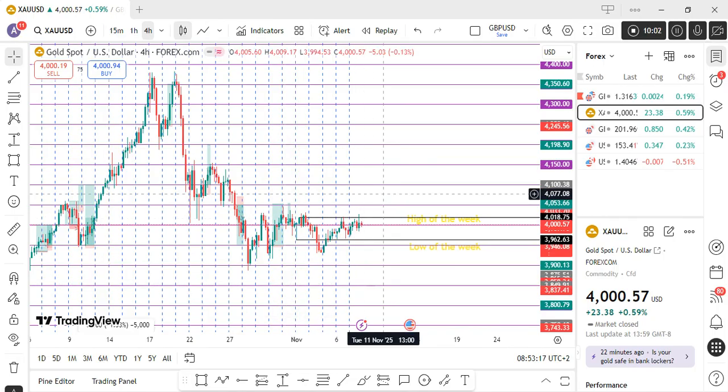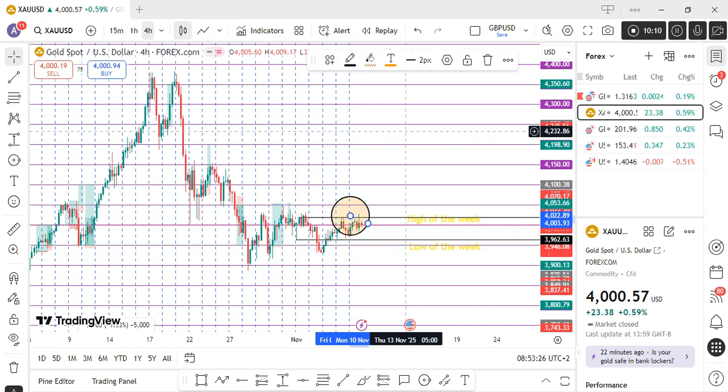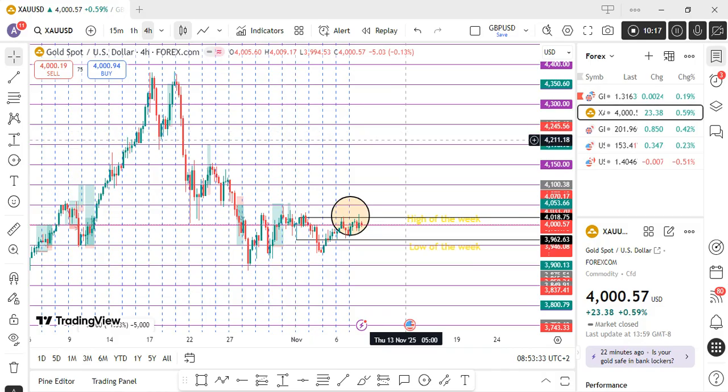Based on this price movement here, I already saw that price was going to sell. I was positioning for a sell, but it never gave me full confidence. Looking at my 4 hour time frame, I had already seen the psychological level here, which is acting as a resistance.